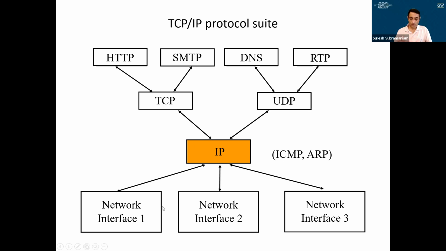Below the network layer, recall that there are two layers, namely the data link layer and the physical layer. The data link layer and the physical layer are typically combined and implemented in a network interface. What's this network interface? This is, for example, a Wi-Fi card or an Ethernet card that is plugged into your computer.